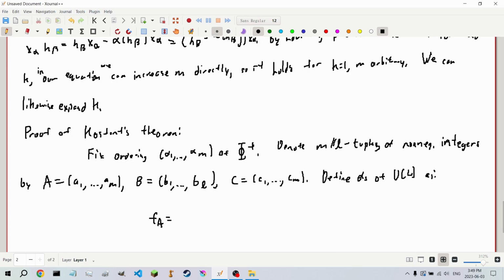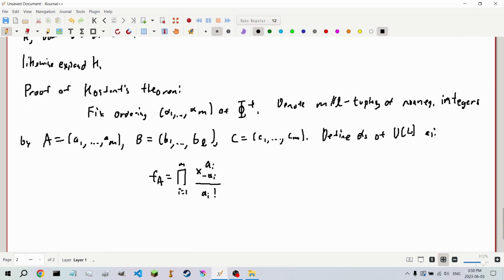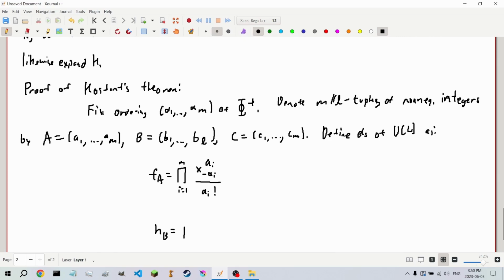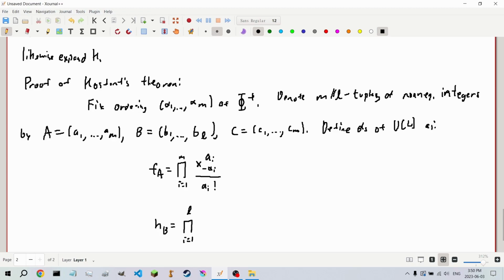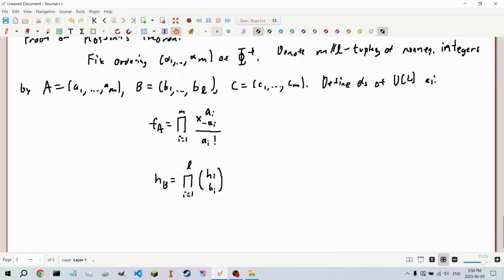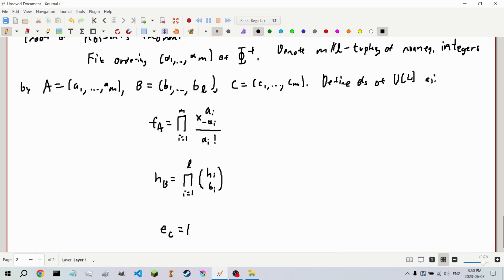F of A is going to be the product from 1 to m of x negative alpha i to the a i over a i factorial. h of B is going to be the product from 1 to L of our h i choose b i, and E of C is going to be the product from 1 to m of x alpha i to the c i over c i factorial.